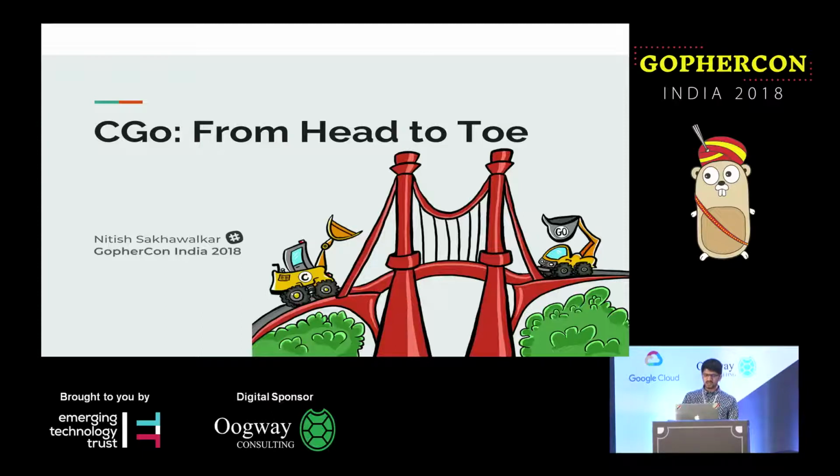That's when I came across CGO. And after 2 years, I'm here to give a talk on it. Just some basics, and also some of the tricks that I learned and were helpful to me, and maybe some of the issues that you should consider when you have to use CGO.